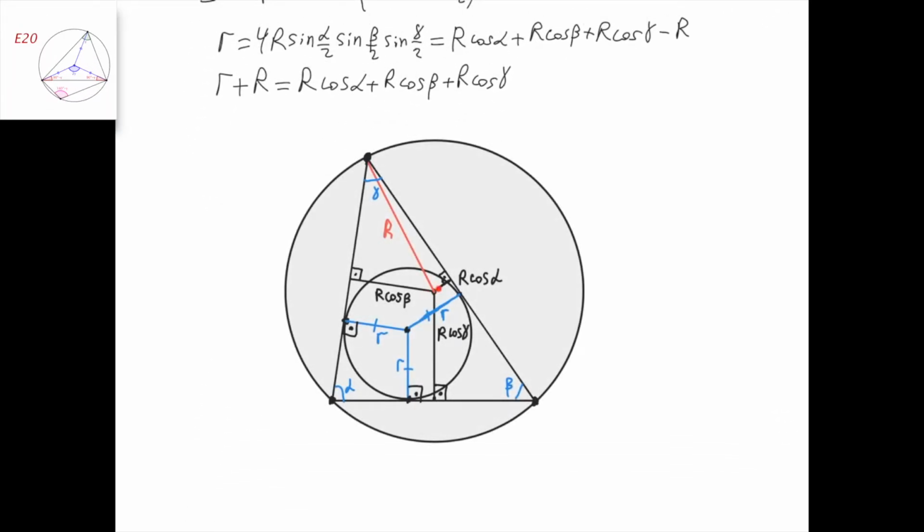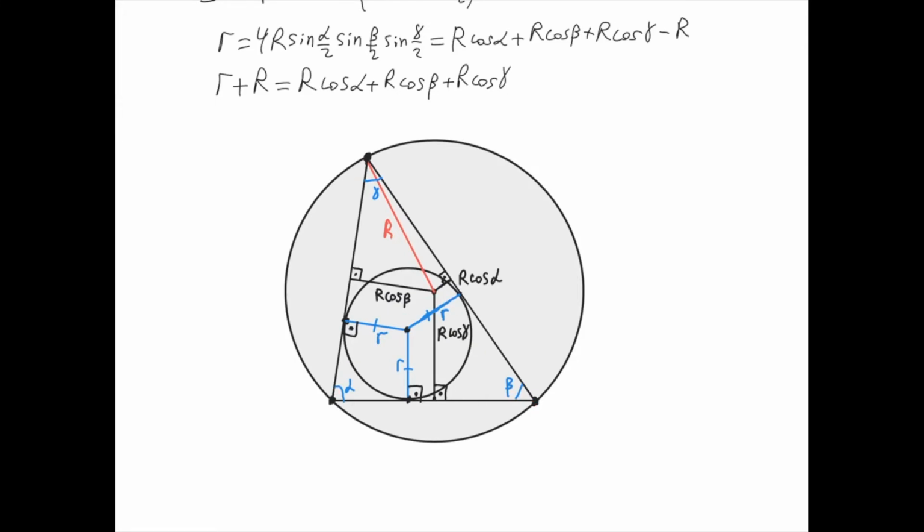This point here is the circumcenter of the triangle, so the center of this circumcircle, and this point here is the incenter. And so this equals this equals this equals the radius of the incircle, small r, and this equals this equals this equals the radius of the circumcircle, big R. The sum of small r and big R, according to this formula, equals R cosine alpha plus R cosine beta plus R cosine gamma.